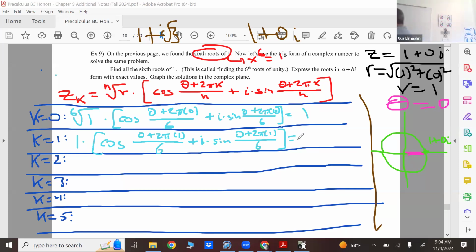Now think about what's happening here. The 2 pi gets divided how many ways, guys? 6 ways, right? What's 2 pi over 6 reduced to? Pi over 3. What's pi over 3 in degrees? 60.